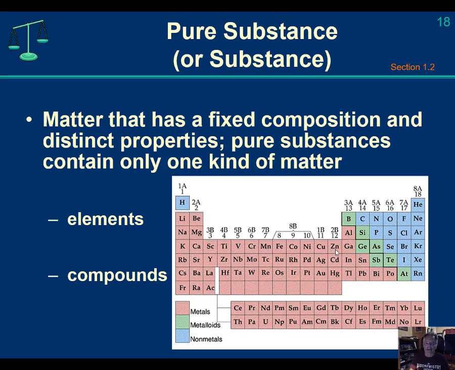So Zn is zinc, and if I only have atoms of zinc, and remember atoms are the smallest unit of an element, if I only have atoms of zinc, I have a pure elemental substance. The same thing could be true for oxygen.